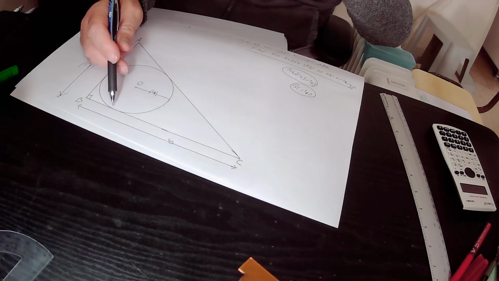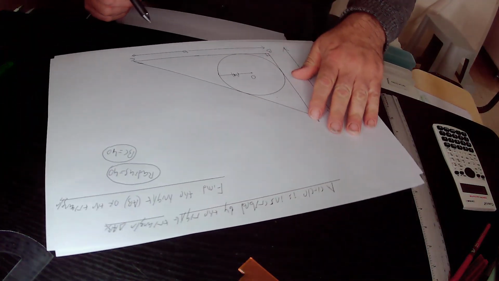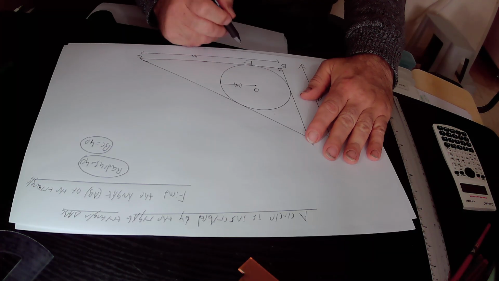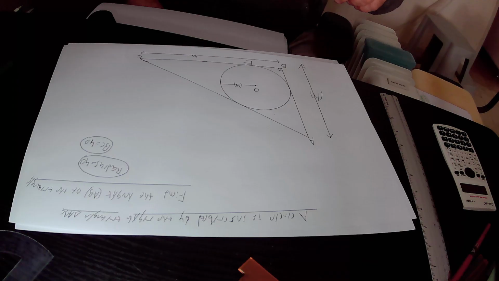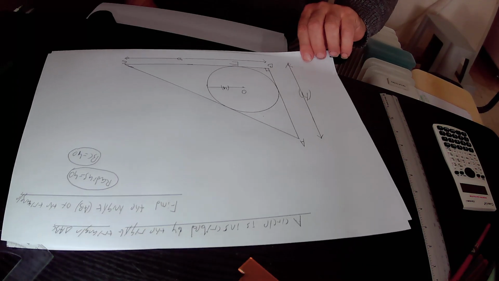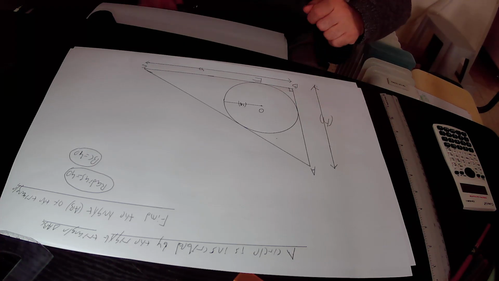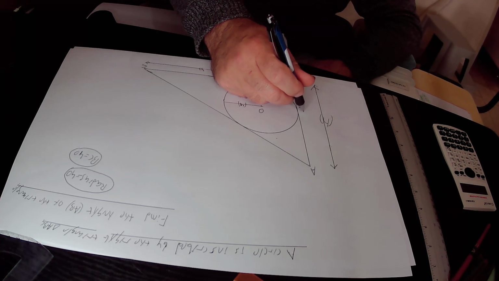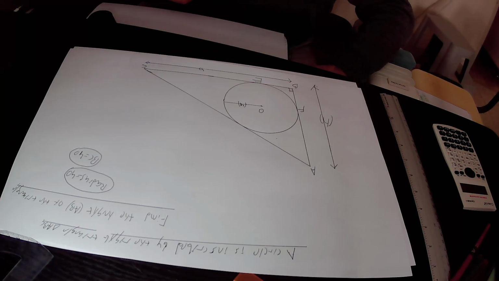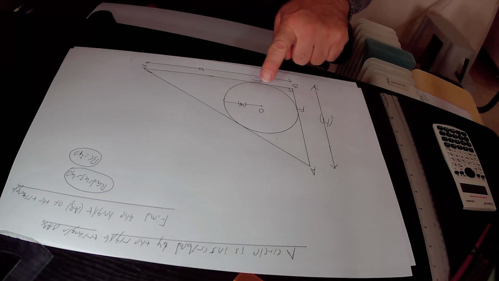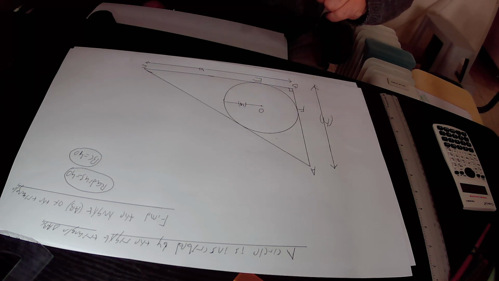This point is point E. We define the point of tangency of tangent AB with this circle. This point is point F. And we will define the point of tangency of tangent AC with this circle. This point is point G.